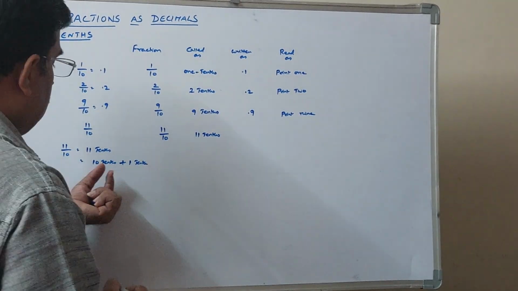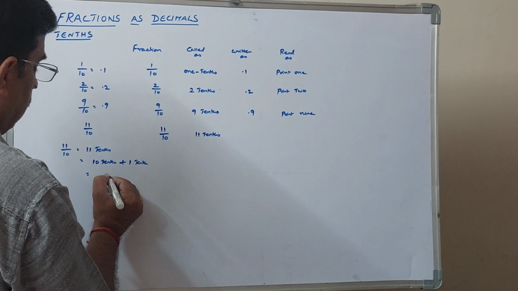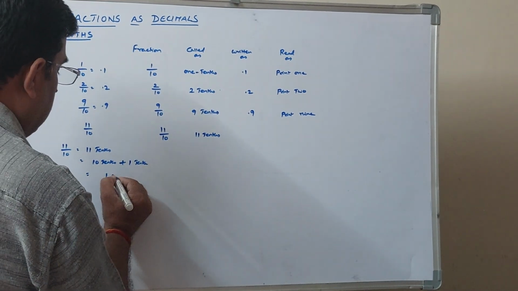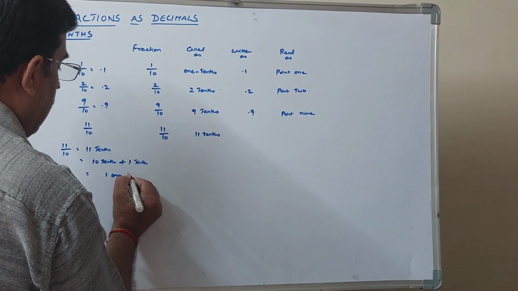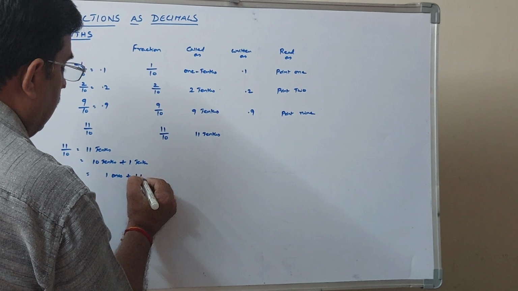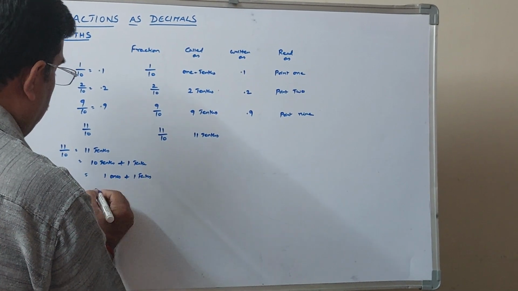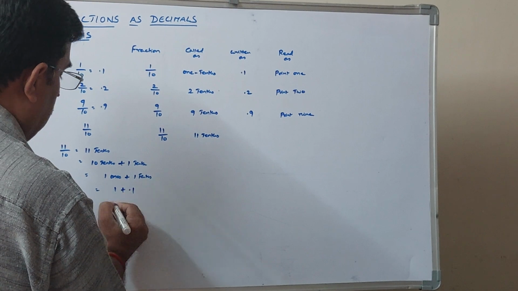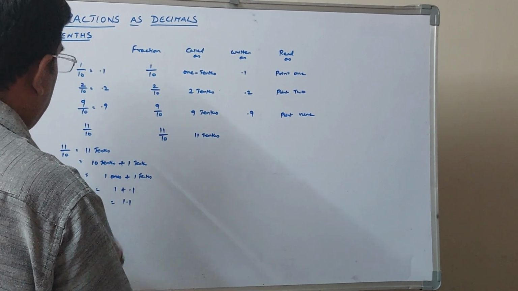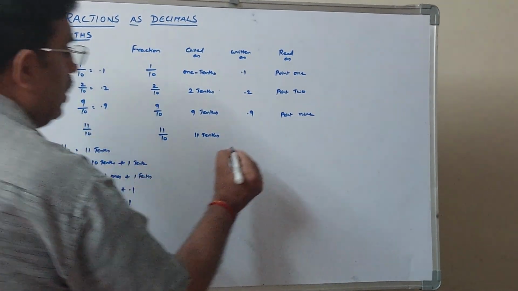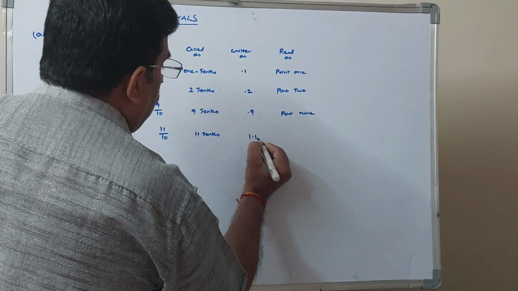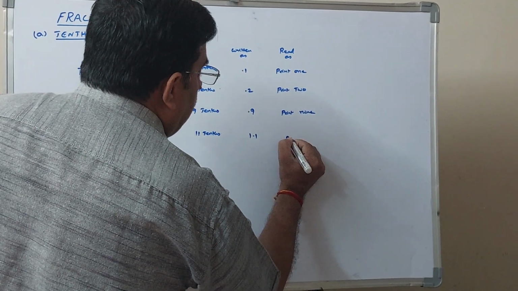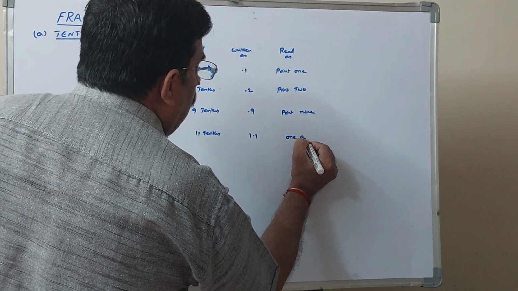So 10 tenths is equal to 1 ones plus 1 tenth. 1 ones is equal to 1, plus 0.1 is equal to 1.1. So 11 by 10 is equal to 1.1. It is read as 1.1.